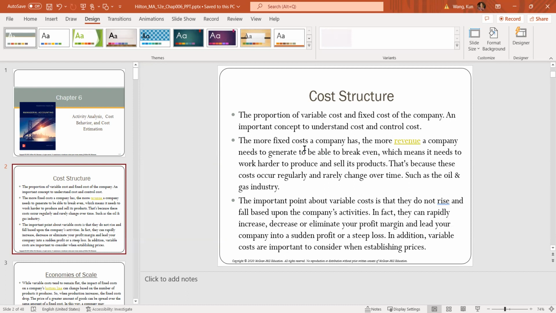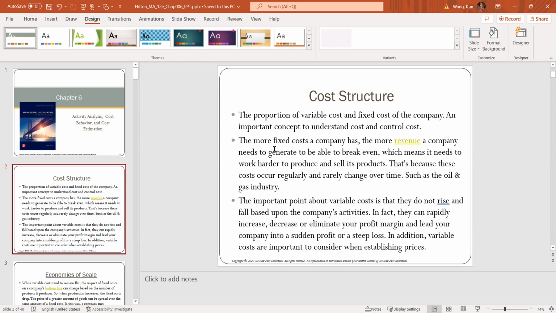Okay. So if you are a company with lots of fixed costs, such as the energy industries, oil and gas companies, and also the airline companies, right? They have aircraft, they're providing services.